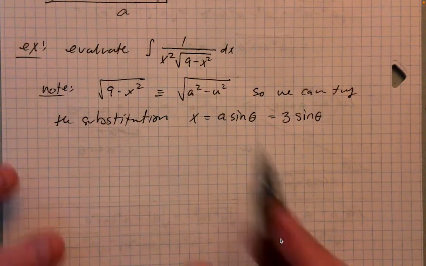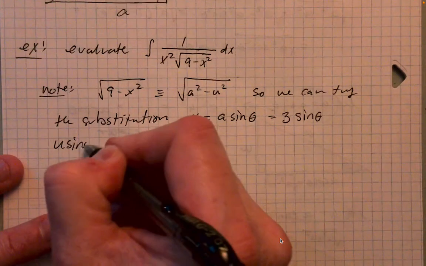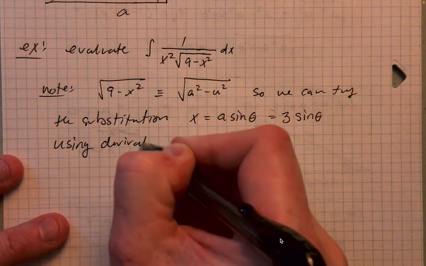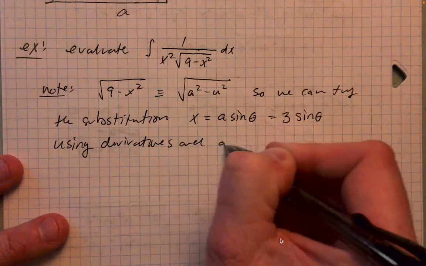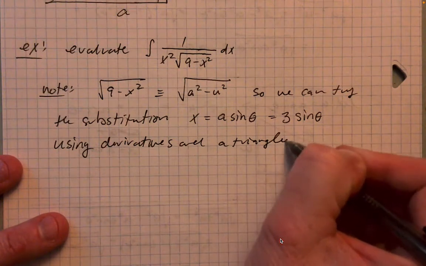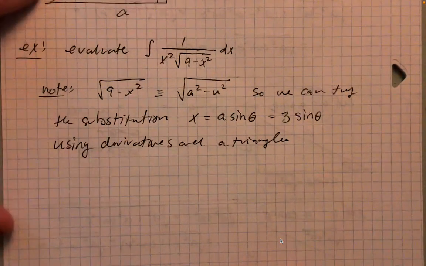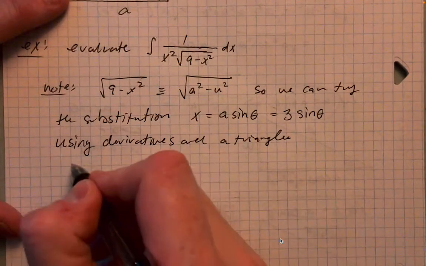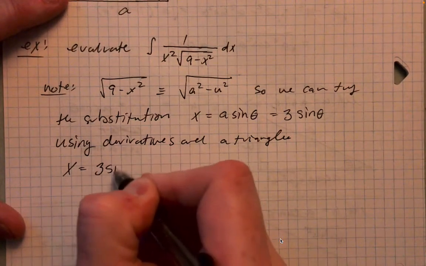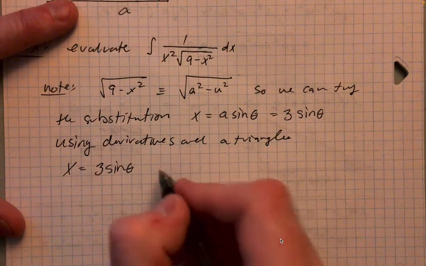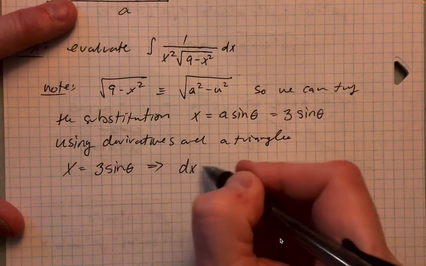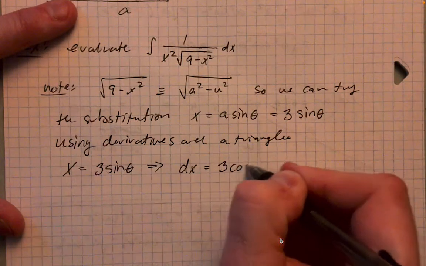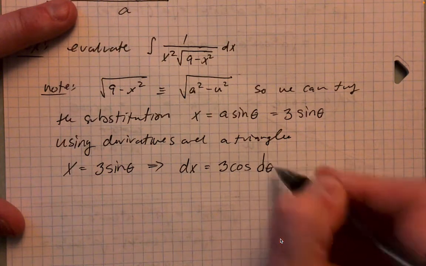So basically, using derivatives and a triangle, we can spin up a bunch of substitutions that are valid here. So we've got x equals 3 sine of theta. Well, that implies the derivative dx equals 3 cosine theta d theta.